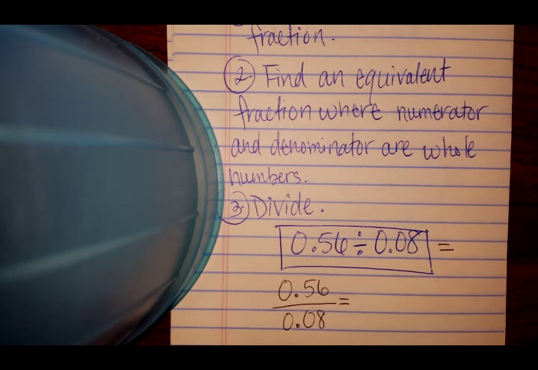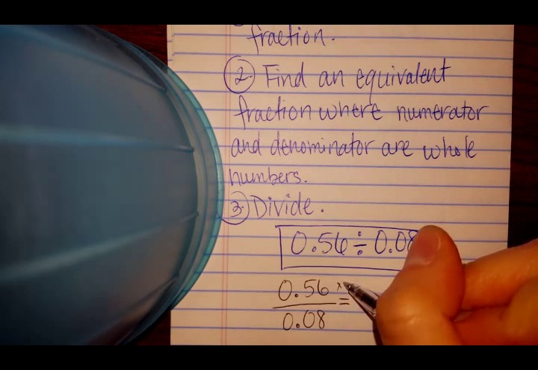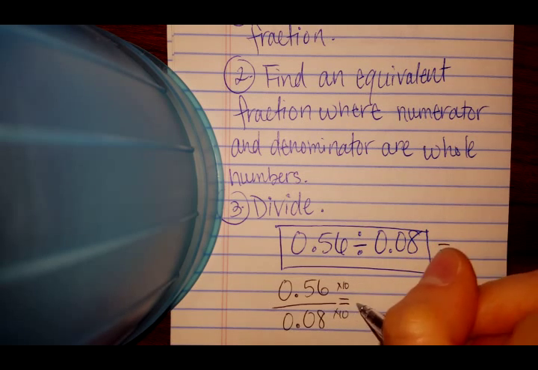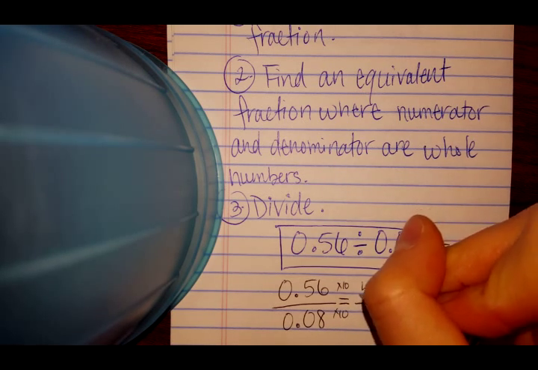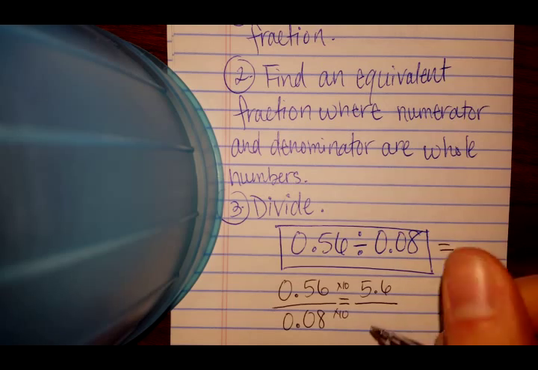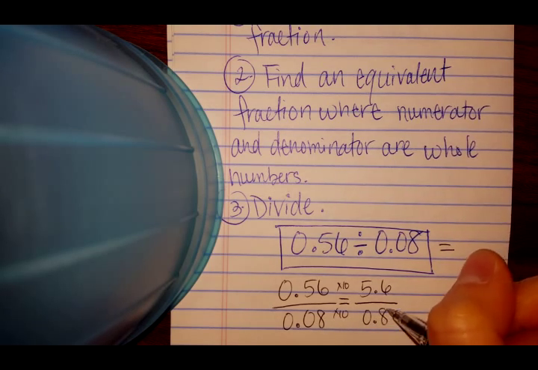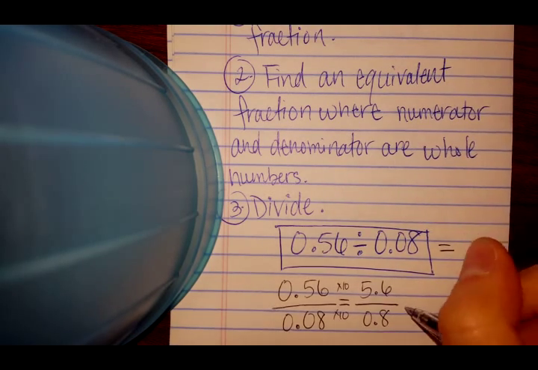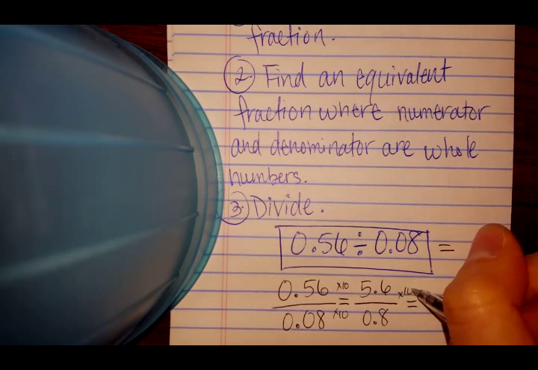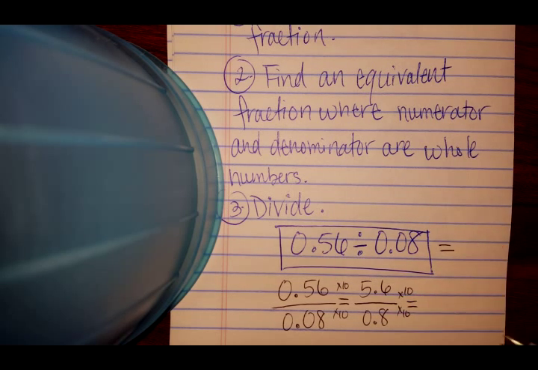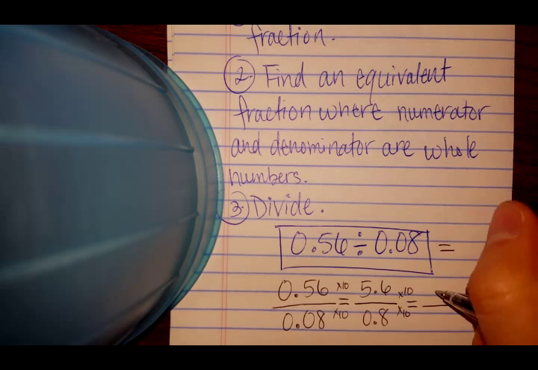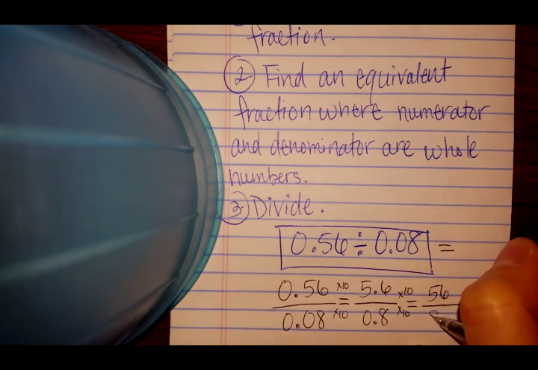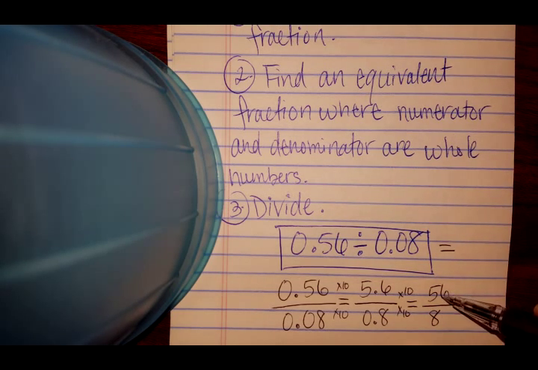So, okay, I can start by multiplying by 10 over 10 and get 5.6 over 0.8. These are still not whole numbers. So I've got to multiply by 10 over 10 again. And I've got 56 over 8. Well, that's just 56 divided by 8.